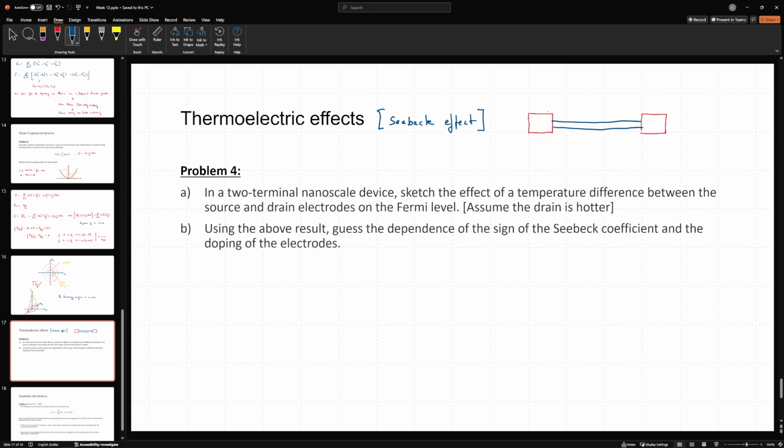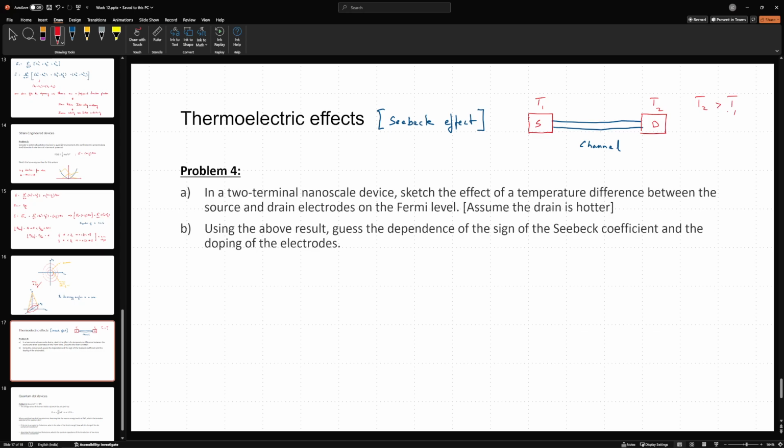Now, instead of applying a voltage, the situation that we have is the following. I have a temperature T1 here, and I have a temperature T2 here, and it is given that drain is hotter. T2 is greater than T1.